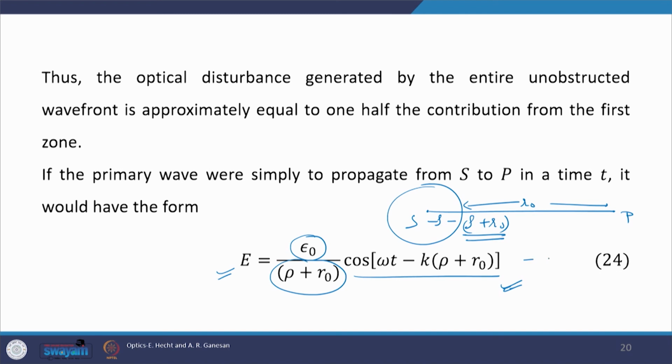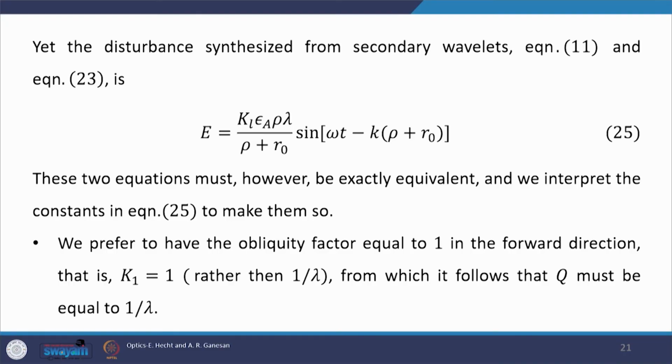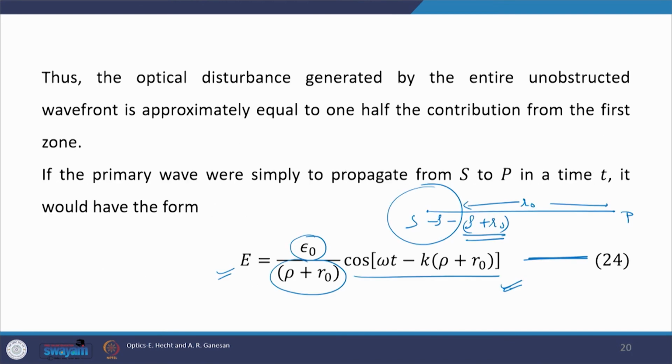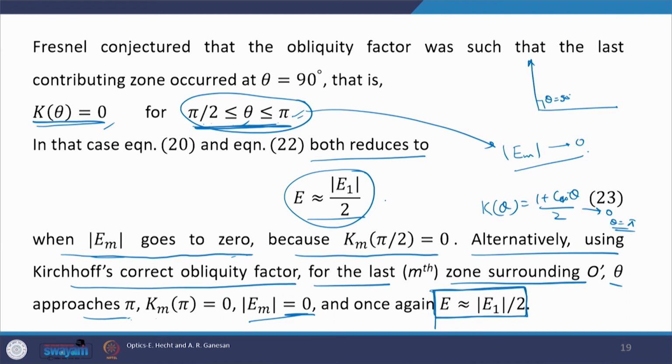Now, this equation number 24 must be equal to the expression which we derived using Fresnel half period zones. From the Fresnel half period zones we know that the resultant E would be E1 by 2. What is E1 then? E1 is given here. Let us go to equation number 23, the final expression from the half period zone calculation.